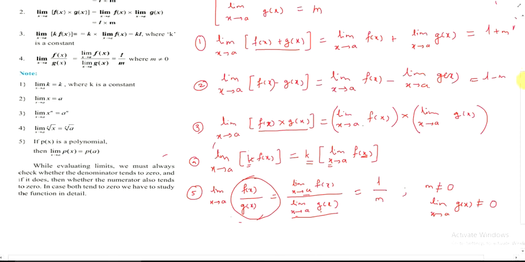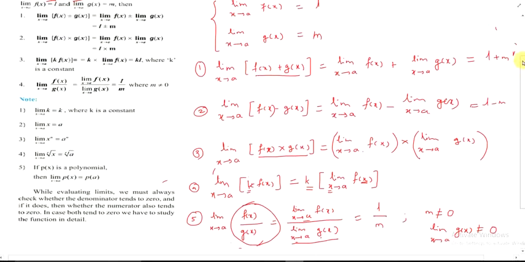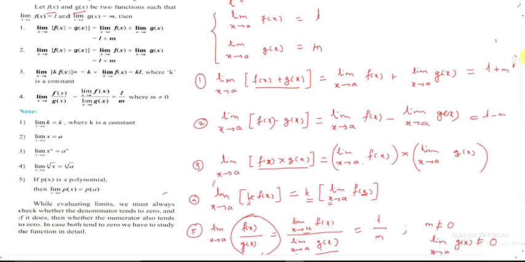What is that algebra? See, the limit as x tends to a of f(x) plus g(x) is the same as the limit as x tends to a of f(x) plus the limit as x tends to a of g(x). That is, we can take separate limits. In subtraction again the same, we can take separate limits.